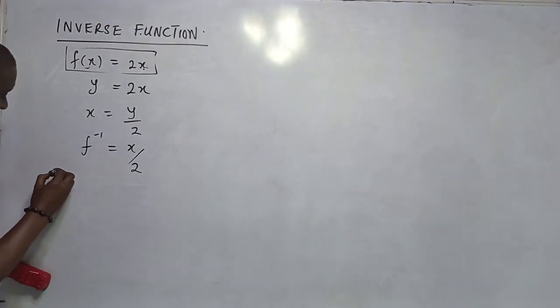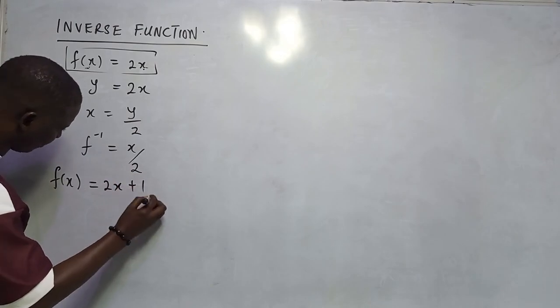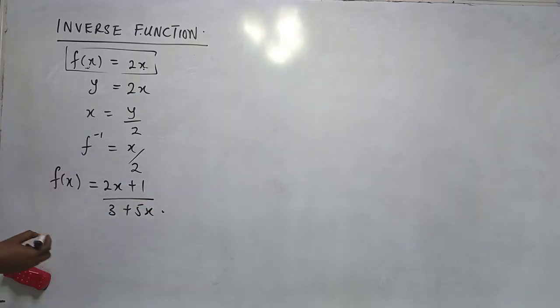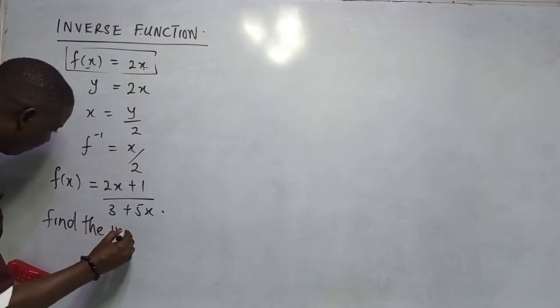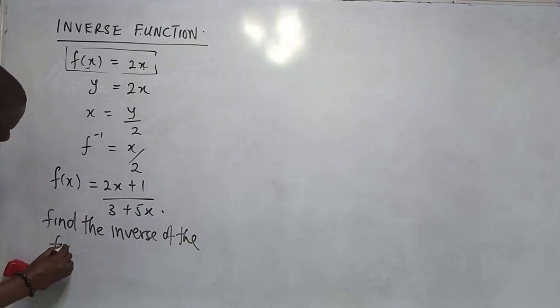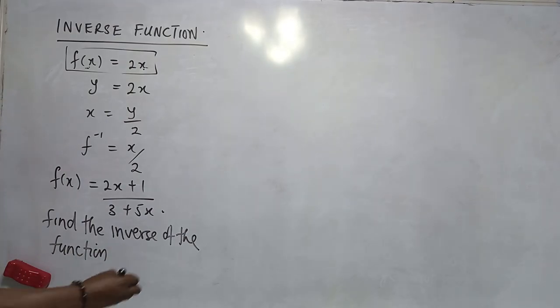Now, let's take an example. Let's say f of x equal to 2x plus 1 over 3 plus 5x, for instance. Now, find the inverse of the function. What we are saying now is that my y is a dependent variable.